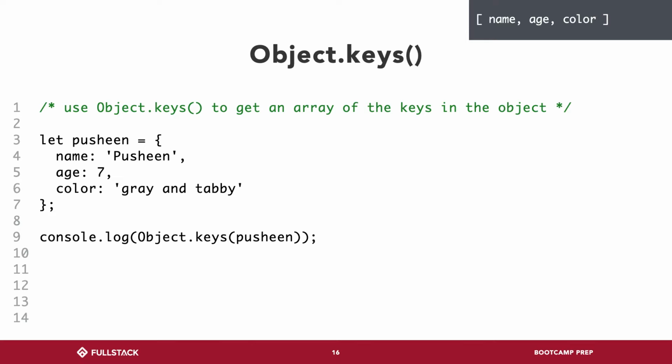Is that confusing to anybody? And it's off the global object, like Array.isArray, it's Object.keys, and then you pass in an object. It's not like Pusheen.keys, because then it would look for a value in Pusheen.